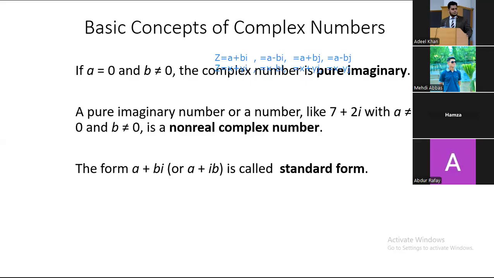These complex numbers can be positive as well as negative. In an upcoming class, I will also map these complex numbers, in which we place them on the real axis and the imaginary axis, and how the different combinations of these complex numbers are represented in graph form. So in upcoming classes, I will discuss these things.